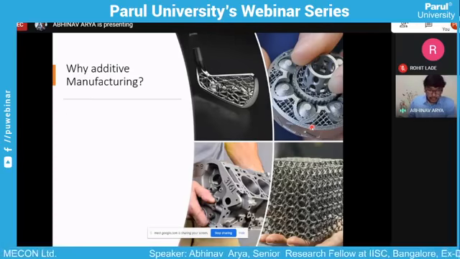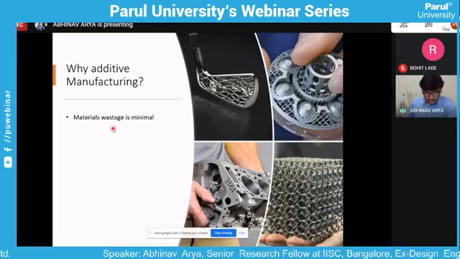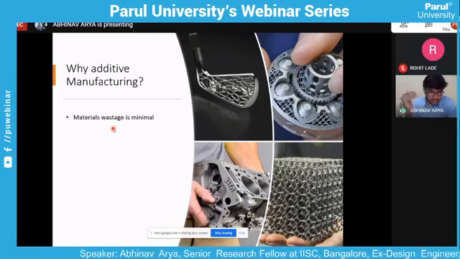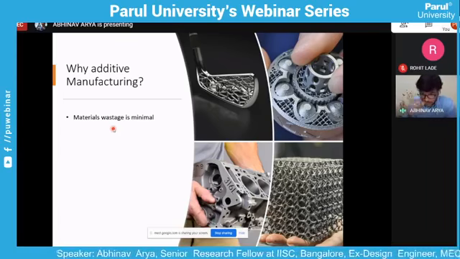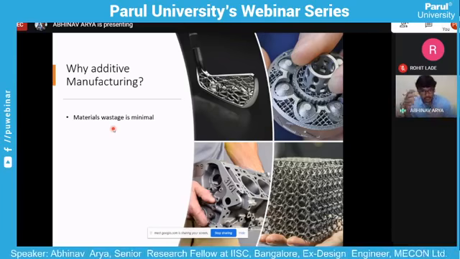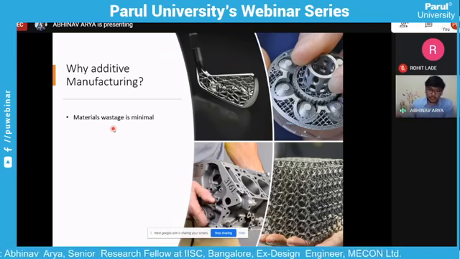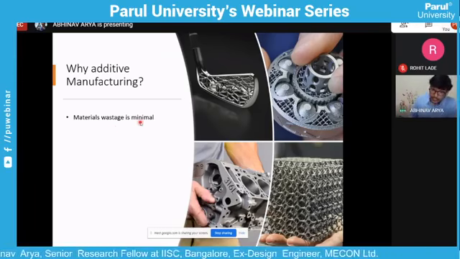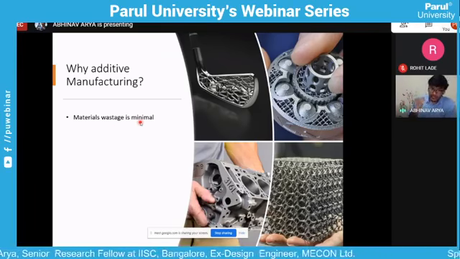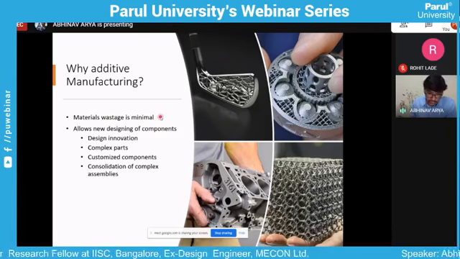So why do we use additive manufacturing? As I already told you, in traditional manufacturing techniques the wastage of material is very high because we are essentially removing the material from all the places where we don't need it. But here, since we are depositing the material, it is an additive manufacturing technique, so the wastage of material is very less.